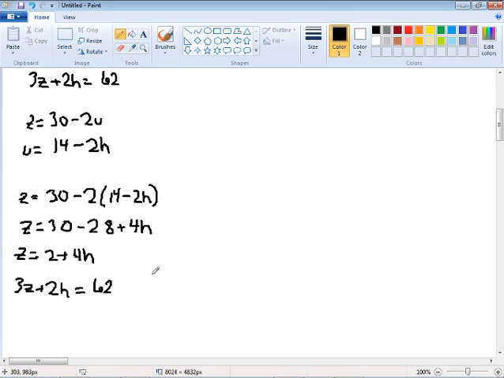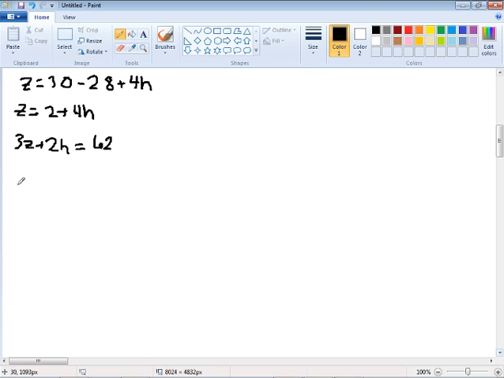Well, I now know what Z is, so I can just replace the Z and say 3 times 2 plus 4H plus 2H is going to be equal to 62. If I multiply this out, I get 6 plus 12H plus 2H is equal to 62.